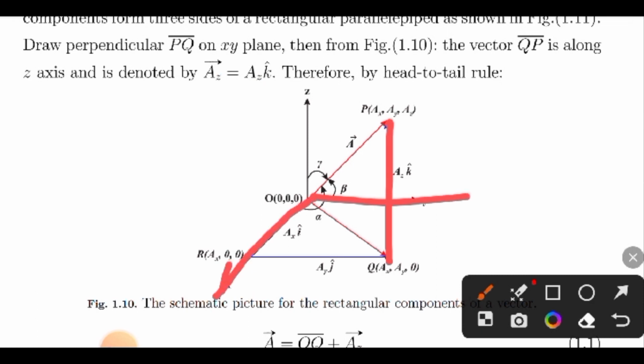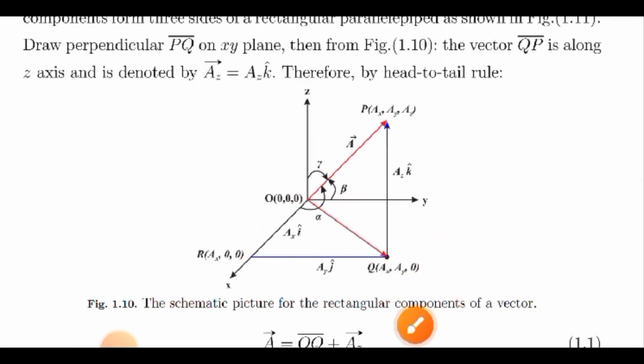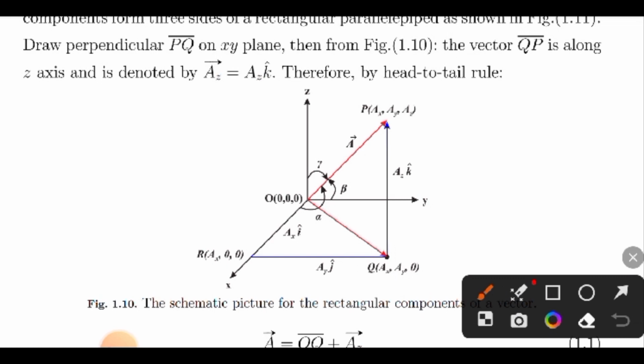So we draw a perpendicular on the xy plane at a point Q. Here you see Ax, Ay, and the third component Az is equal to 0. In this diagram another vector is formed from the origin, that is OQ.